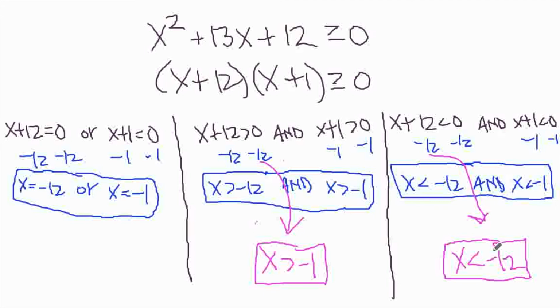So I either have to satisfy the two purple inequalities or I have to be one of the solutions on the first column. I would say the solution this way: x is bigger than minus 1, or x is less than minus 12, or x is equal to minus 12, or x is equal to minus 1.